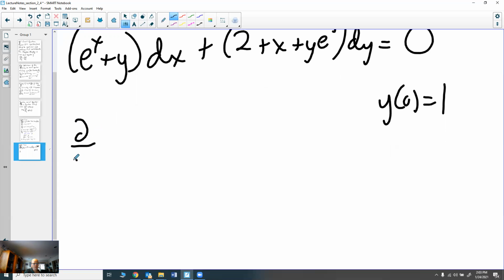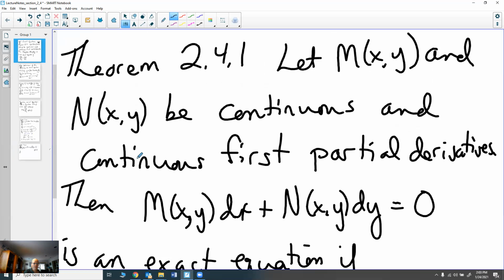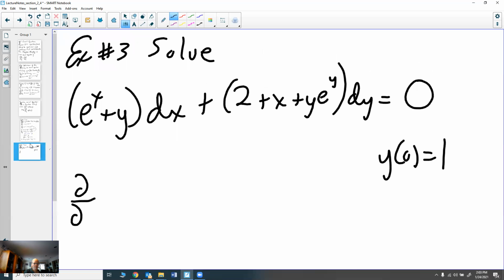So I want to take the partial derivative with respect to, I always have to go back because I always get this backwards, partial derivative with respect to y of the one that's attached to the dx, so e to the x plus y. The partial derivative of that with respect to y is just 1, because e to the x just has x's in it, so its derivative is 0 with respect to y.